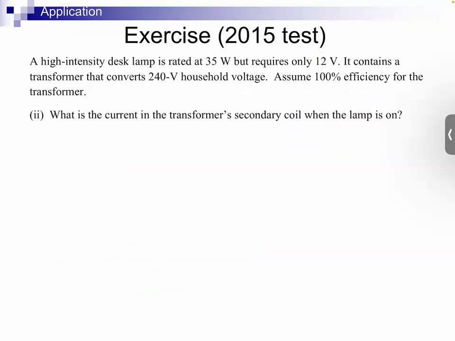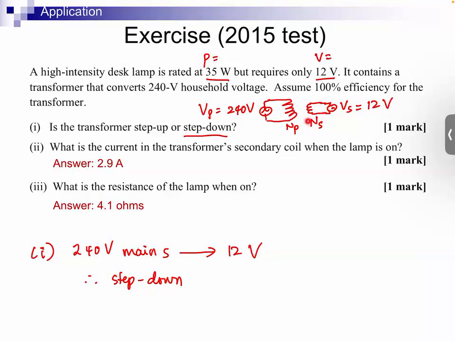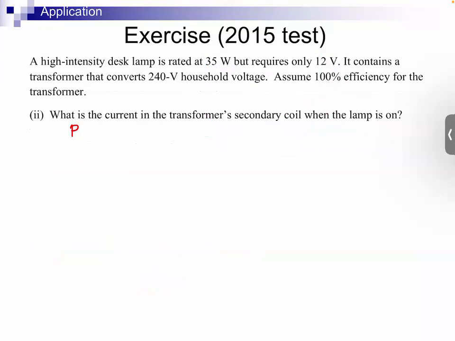And the second question, what's the current in the transformer's secondary coil? So what we know here is the power of the lamp. If you look at our drawing here, the lamp is in the secondary, so it will take the secondary voltage. That means the power in the secondary coil is equal to the current in the secondary coil times the voltage in the secondary coil.